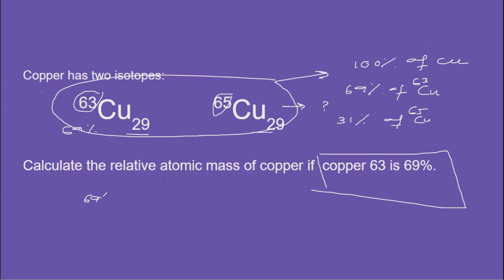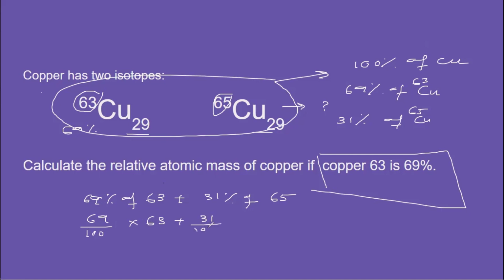Now let's do the calculation here. We will do it this way: 69% of copper particles have atomic mass 63 plus 31% of copper have atomic mass 65.